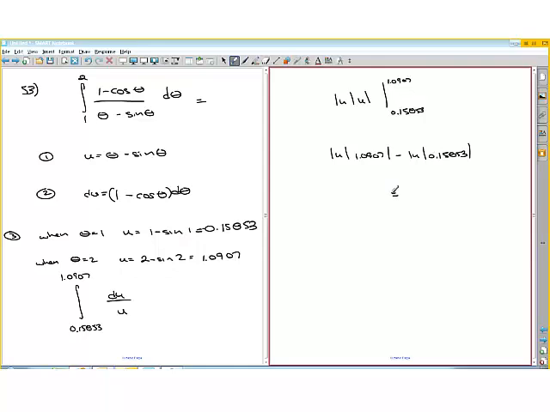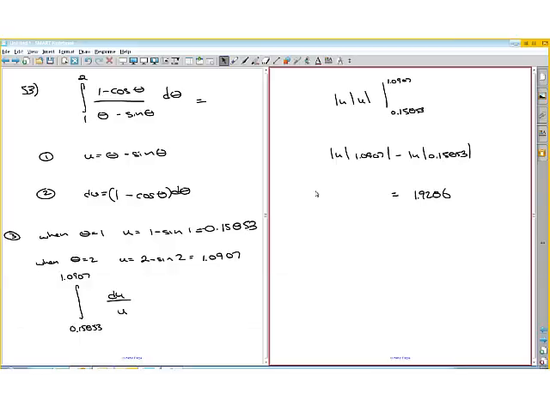So let's put that in, natural log of 1.0907 minus the natural log of 0.15853, and I get 1.9286. Okay, I'm going to take the answer in this case. Okay, so that's correct. Everything's good.